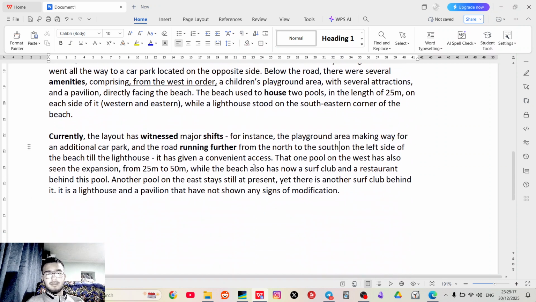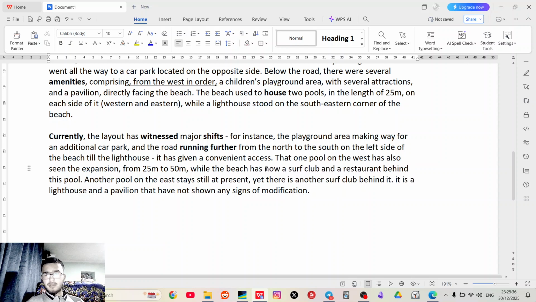It has given a convenient access. That one pool on the west has also seen the expansion from 25 meters to 50 meters, while the beach now has a surf club and a restaurant behind this pool. Another pool on the east stays still at present, stays still, remains unchanged, remains intact, right?